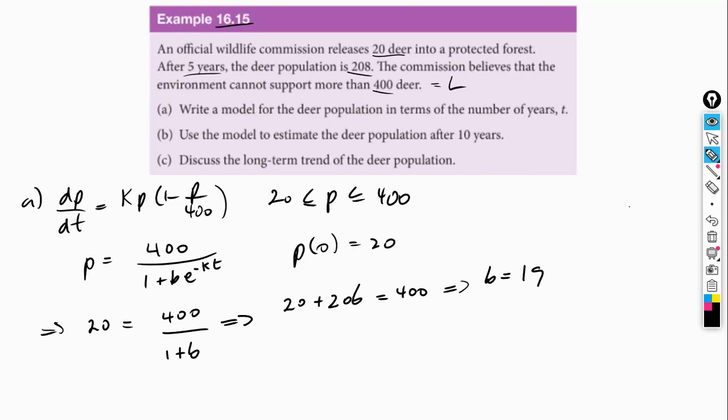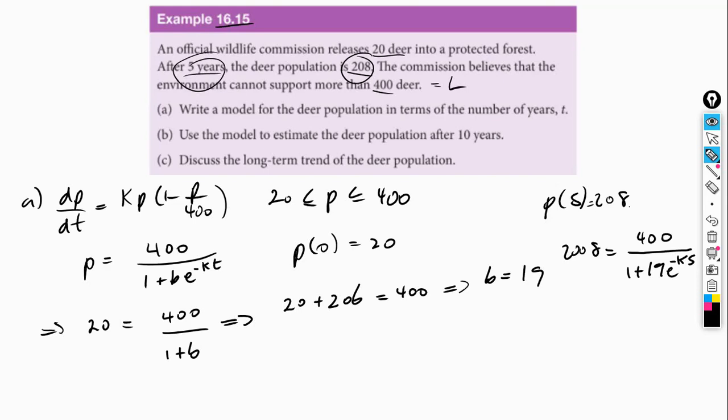Then we also know that after 5 years, the deer population is 208. So that means that P of 5 is 208. With this, we can find the constant k just by solving the equation 208 is equal to 400 over 1 plus 19 e to the power of minus k times 5.